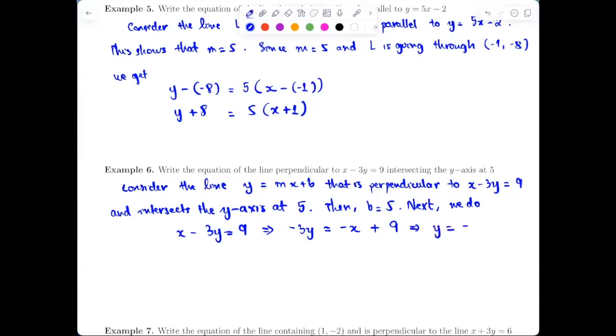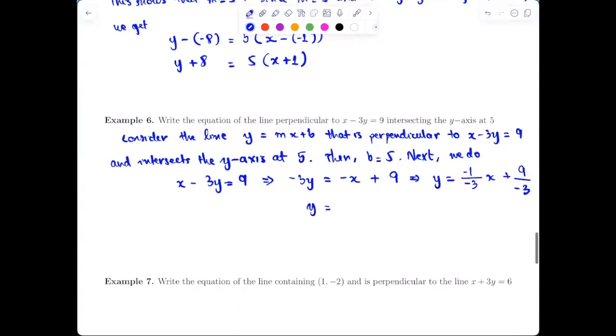You have -1 over -3 x plus 9 over -3. So y is equal to positive 1/3 x minus 3. You got it? From the given line, I changed its form into slope-intercept form. You understand where it's coming from?